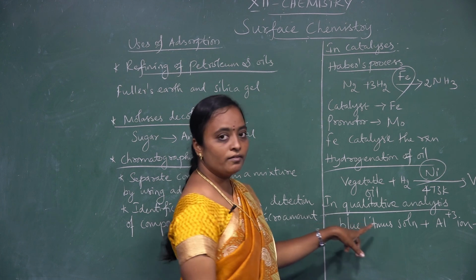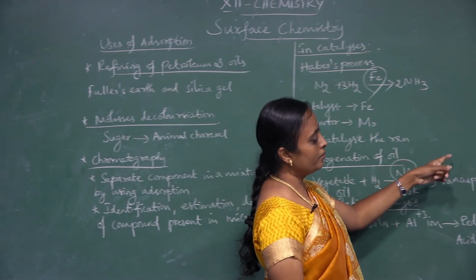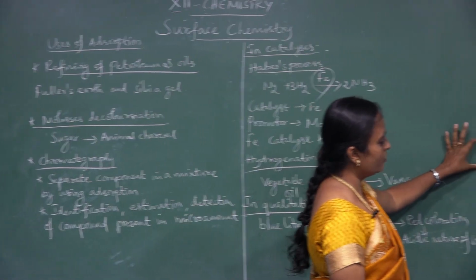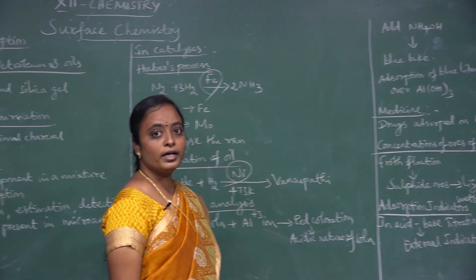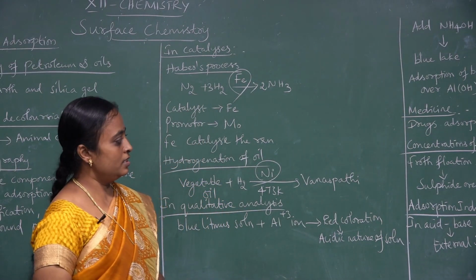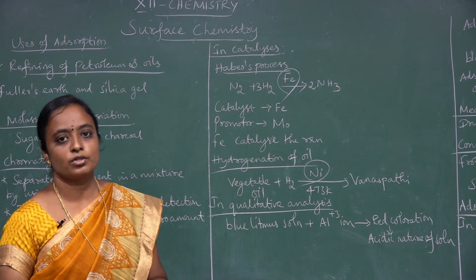Next, in qualitative analysis also we have used adsorption. In the same way, medicine, concentration of ores of a metal, and finally we discussed the use of indicators. So in this chapter we have covered the uses and the adsorption isotherm.